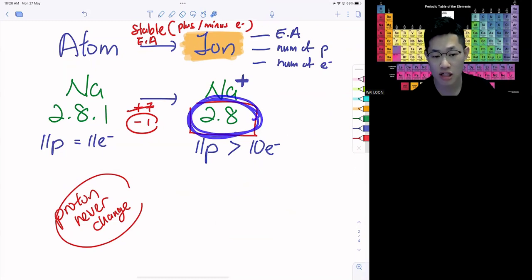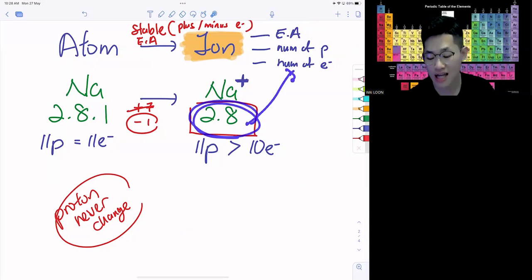So the electron arrangement of the sodium ion is 2, 8, which means it also has 10 electron.